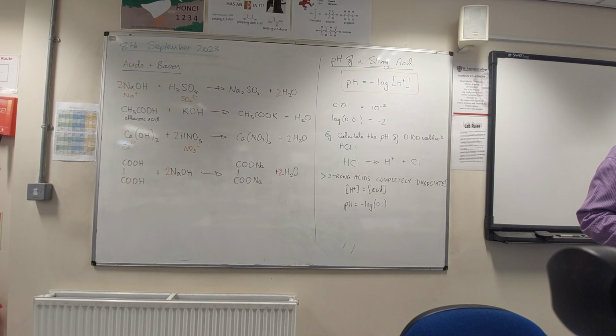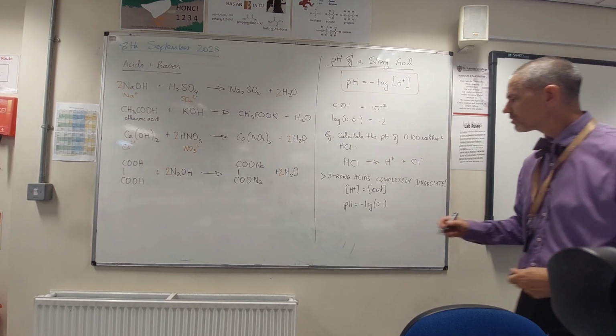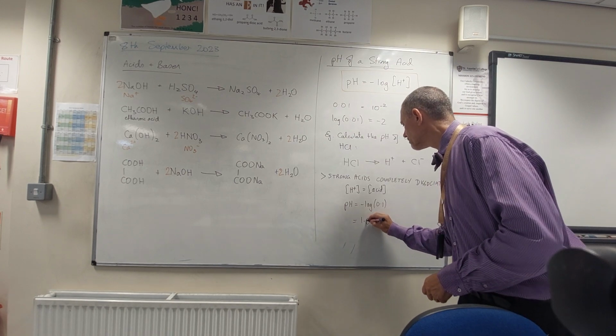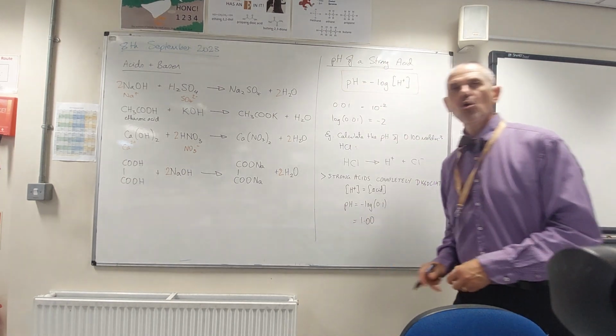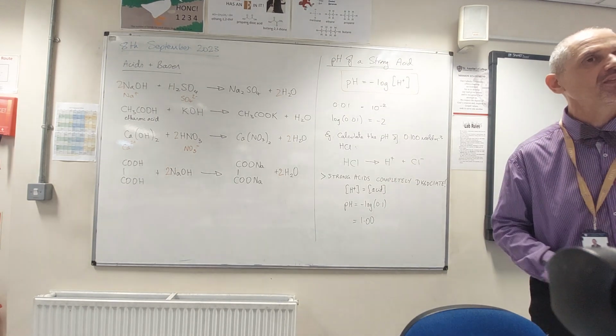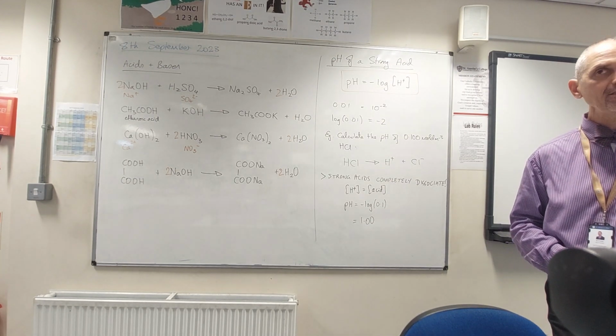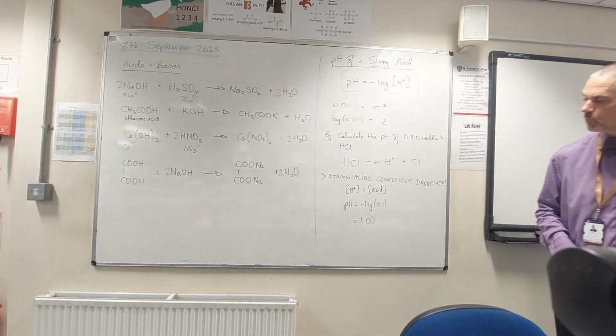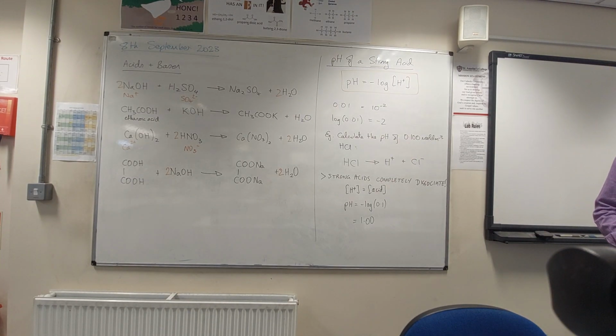It's not minus 1. Just 1. Which is kind of what you'd expect for a strong acid, right? pH are right down the end of the scale. pH of 1.